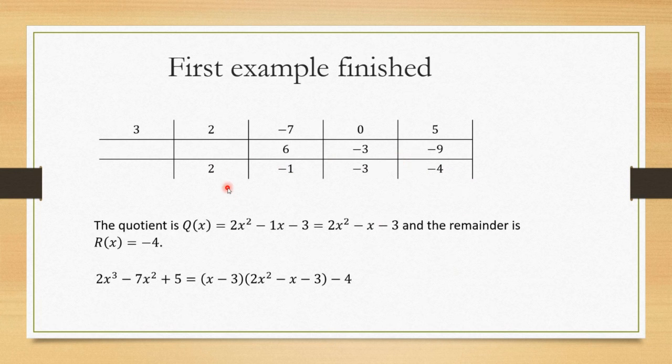Again, the quotient's always 1 degree less than the dividend. So the dividend was degree 3, and here we have degree 2. And our remainder is negative 4. So that's another example. Hope that made sense.